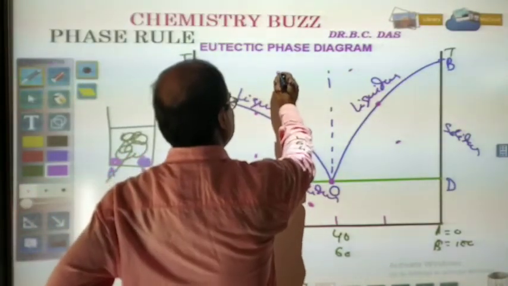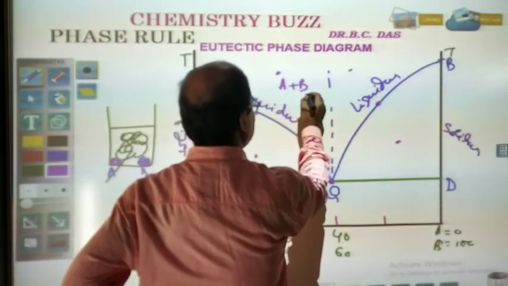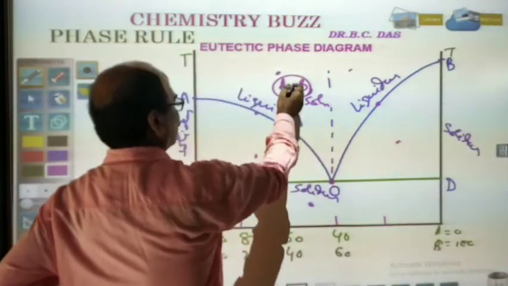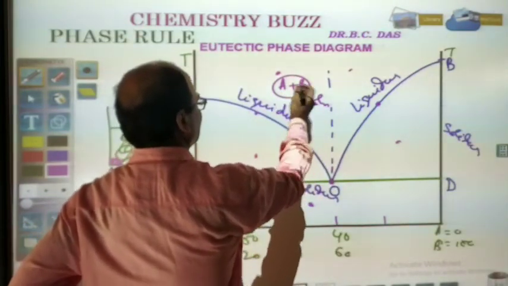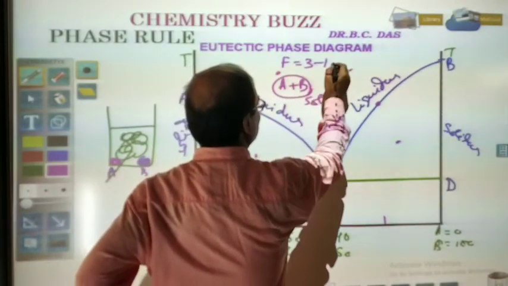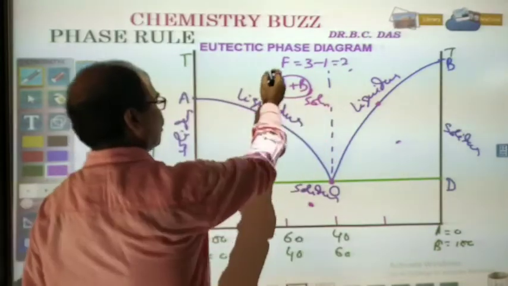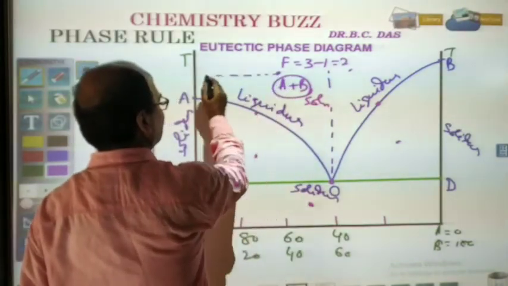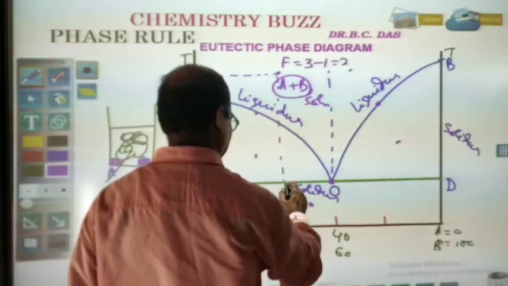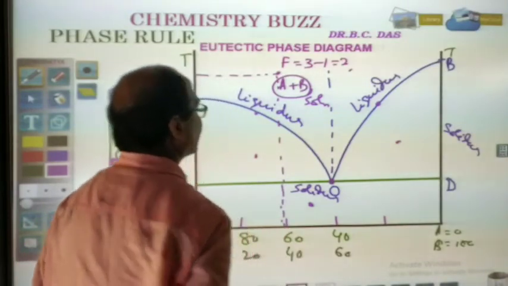At this point, A plus B exists in solution, so this is a single phase. So the degree of freedom is F equal to 3 minus 1, equal to 2. Two degrees of freedom. In order to explain this point, we have to define the temperature, and also the percentage composition of this point.